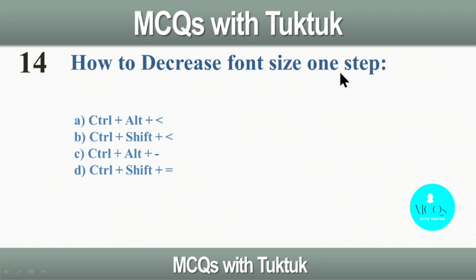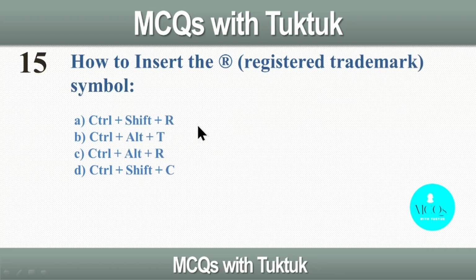You have to use this to increase by one step, because you cannot increase or decrease it by one step using the drop down menu provided in the toolbar, because there you'll find the options are there for two steps, that is for 12, 14, 16. Control plus Shift plus less than sign.